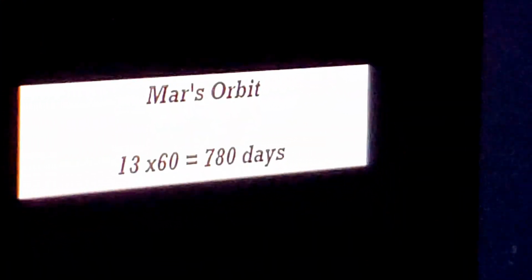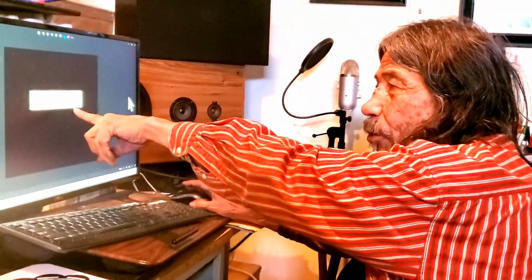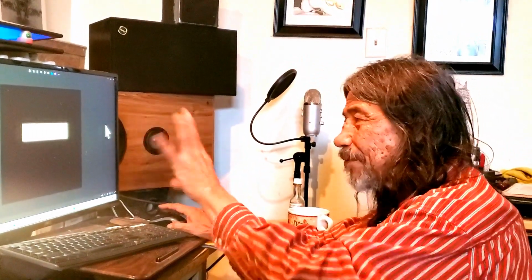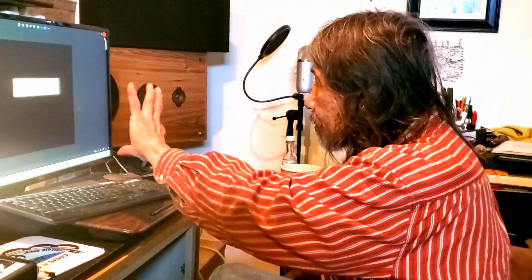It's the only one where you could use this 260 sacred number, and it'll come to the exact orbit of a planet. There's something special about why it's doing that. But I just wanted to point out that the orbit of 780 days can also be calculated by using the 260 of the sacred calendar times 3, and it comes out to the same number. So this is Mars orbit.